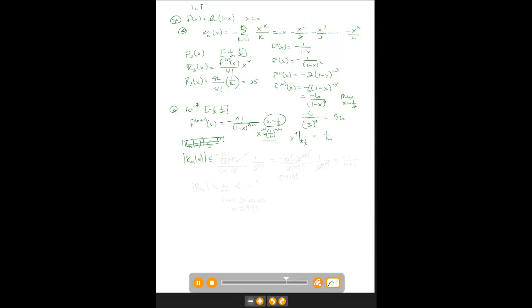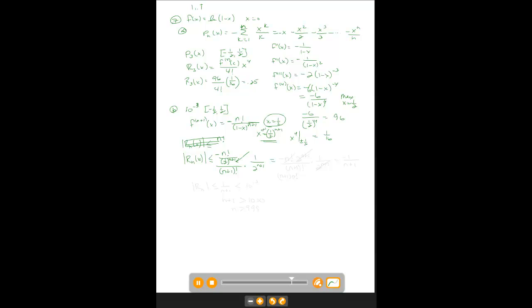So my n plus 1 derivative is negative n factorial over, and you stick in your 1/2 and you get 1/2 to the n plus 1. And then over n plus 1 factorial. And then times the biggest error, which is this guy right here. So that's 1 over 2 to the n plus 1.